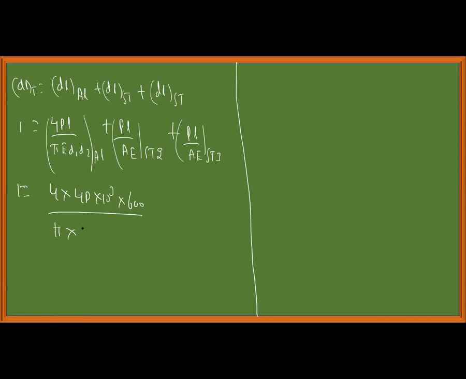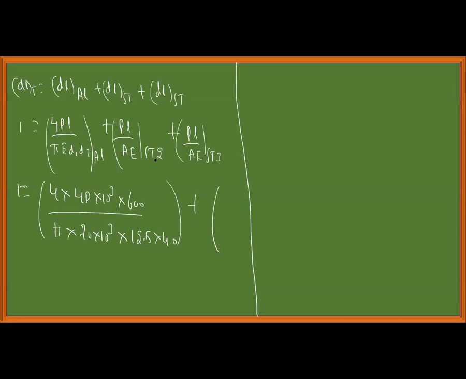It's 70 GPa, 70 into 10 power 3. D1 is the small diameter, 12.5 mm. Tapering bar 40 mm, 12.5 mm. So 12.5 into 40.